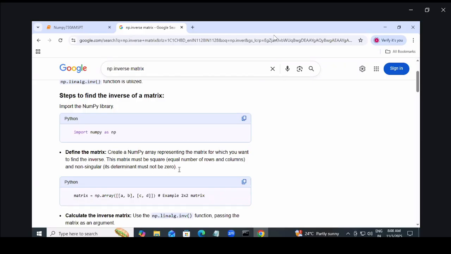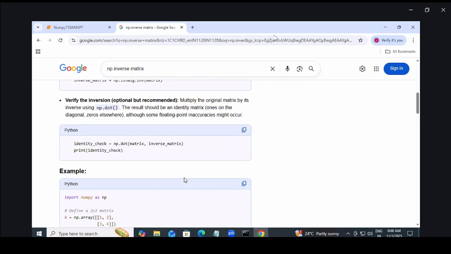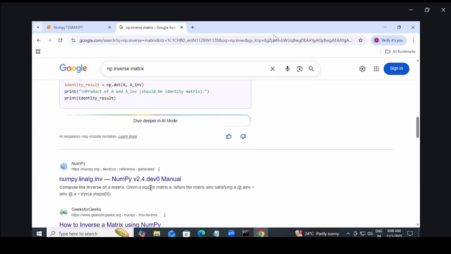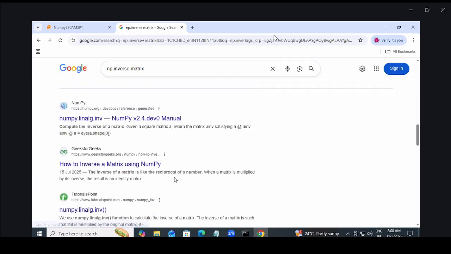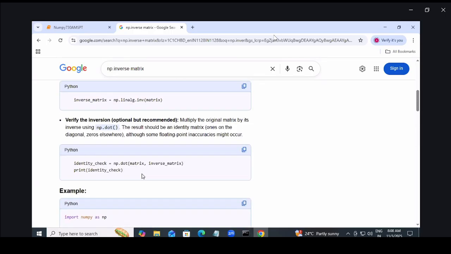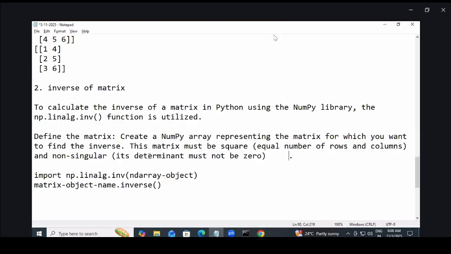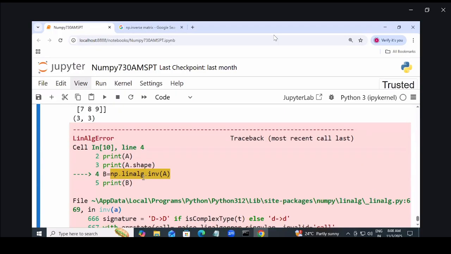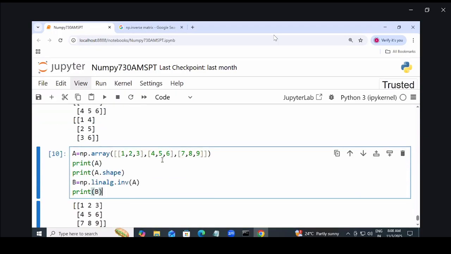Now you can just take a matrix with some number of rows and columns. A simple example: you can even find the determinant of the matrix. I'll take the elements like this: 1, 2, 3.